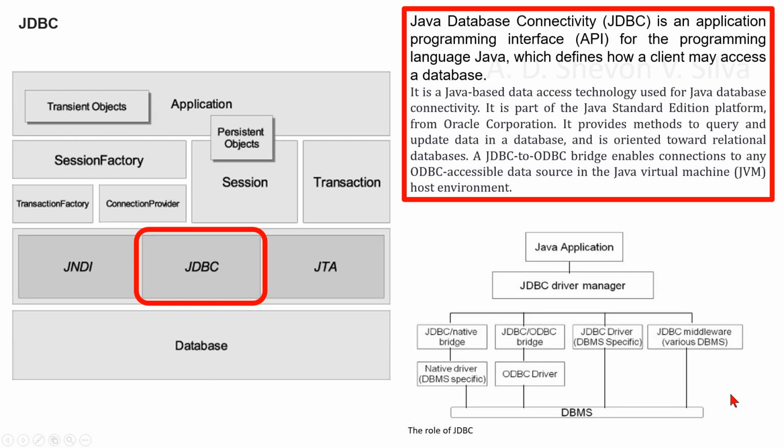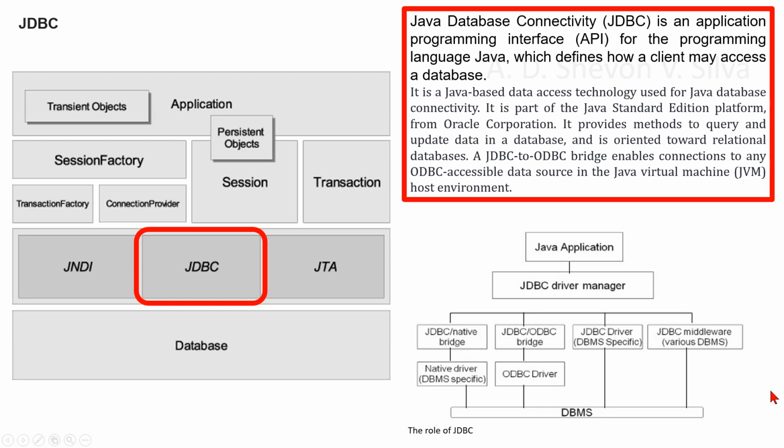Here you can see the role of JDBC. The most widely used interface to access relational databases today is the Microsoft ODBC API. ODBC performs similar tasks to JDBC, Java Database Connectivity, and yet JDBC is preferred for the following reasons.